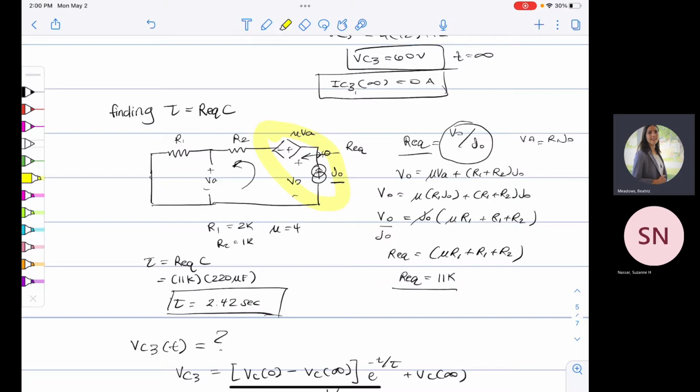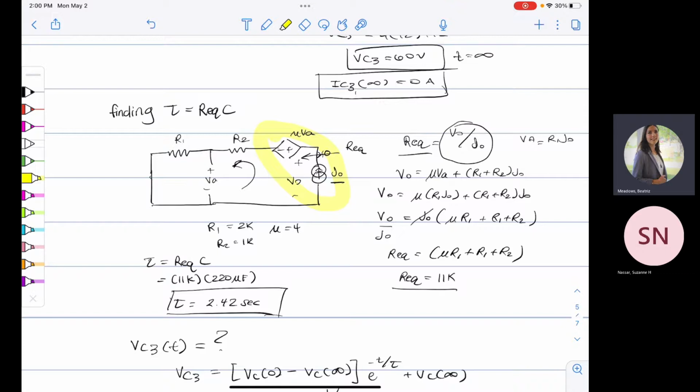So this one was tricky because of that. I consider this a harder problem for sure. But other than that, these problems are simply circuit analysis, and it's mostly KVL, KCL. It's nothing you haven't seen before.